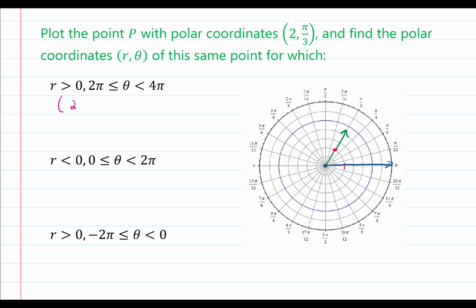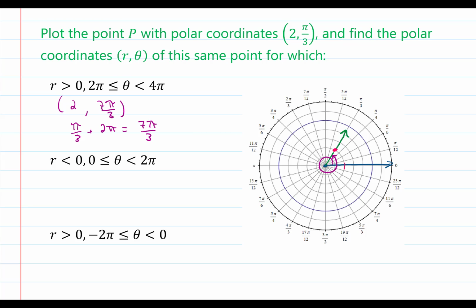To draw a picture to represent this, I would be rotating around the coordinate plane 1 full revolution and then an additional pi over 3, which means I have pi over 3 plus 2 pi, and that gives me a sum of 7 pi over 3, which is a coterminal angle to pi over 3. This means my ordered pair that represents that same point, but with the criteria that r is greater than 0 and theta is between 2 pi and 4 pi, would be 2, 7 pi over 3.